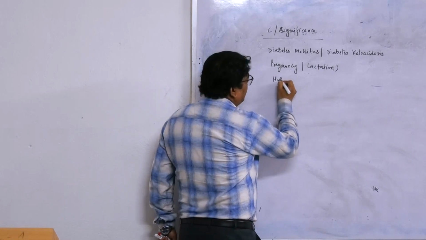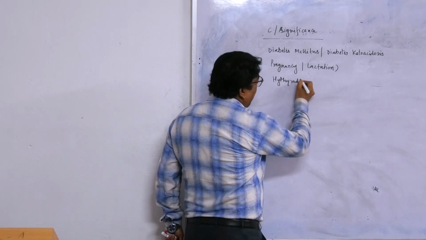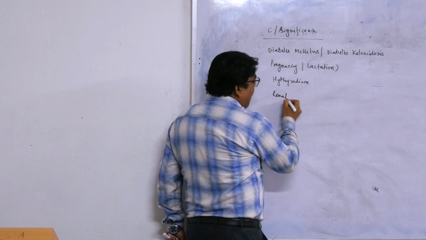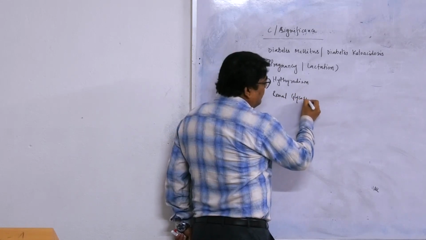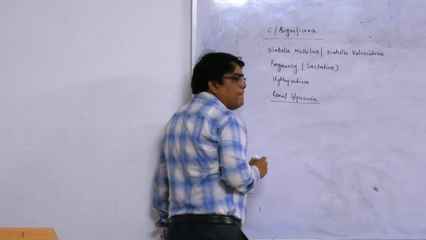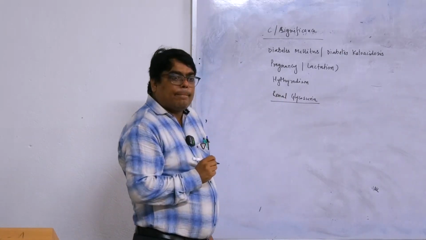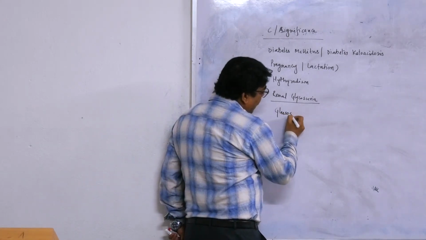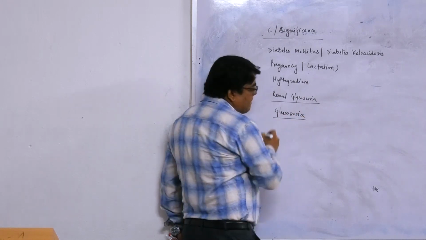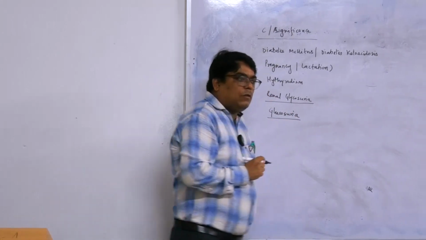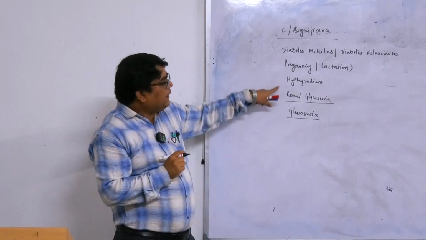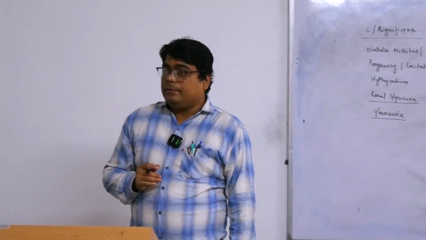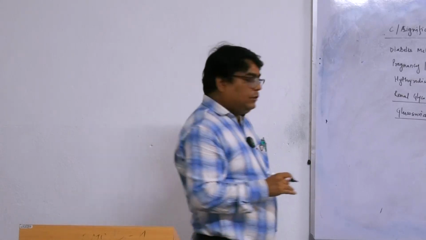In hyperthyroidism, renal glycosuria, glucosuria. Okay, so these are some clinical conditions in which blood sugar comes in the urine.